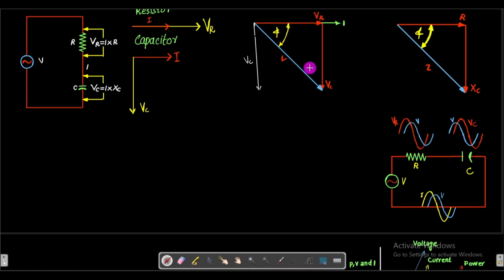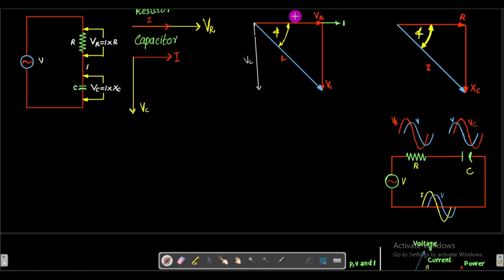From here we see that there will be some phase difference between the resultant voltage and the voltage of the resistor and the voltage of the capacitor. If we apply this voltage, the voltage will drop here, which is VR, and this voltage VR will be leading the provided voltage by angle phi.